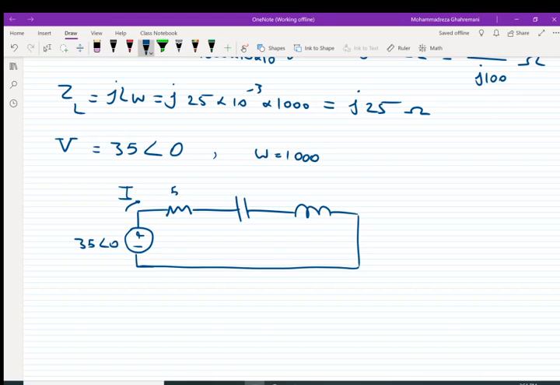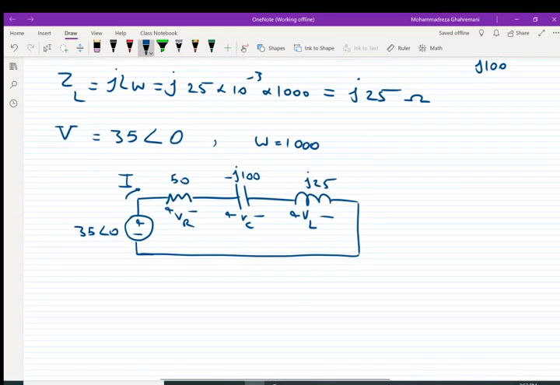The resistor has 50 ohms, so the voltage across it, plus minus VR, with an impedance of 50. The capacitor has a voltage of VC across it, and its impedance is negative j100. And for VL, the voltage across the inductor is VL, and the value of the impedance is j25.